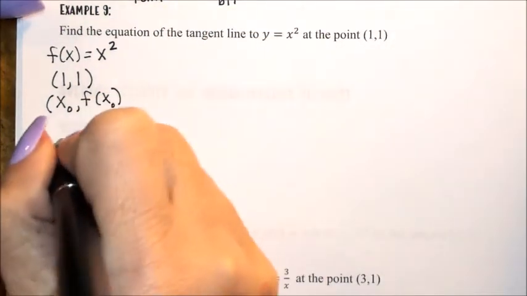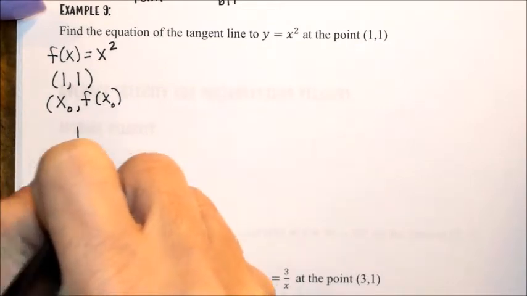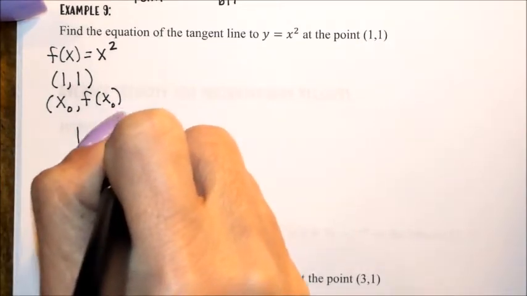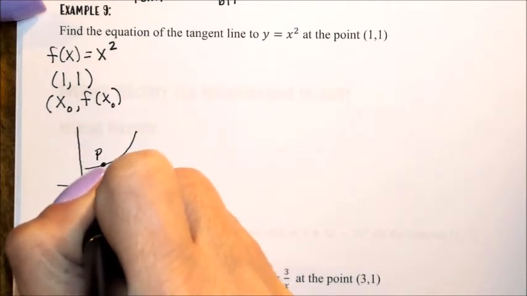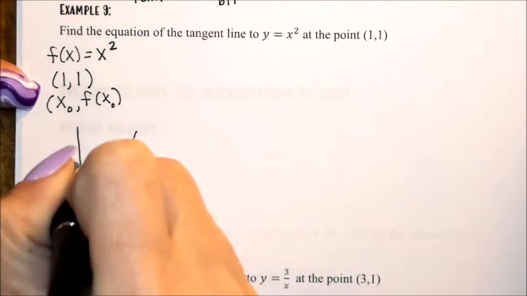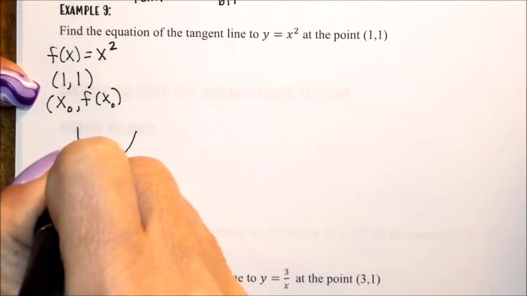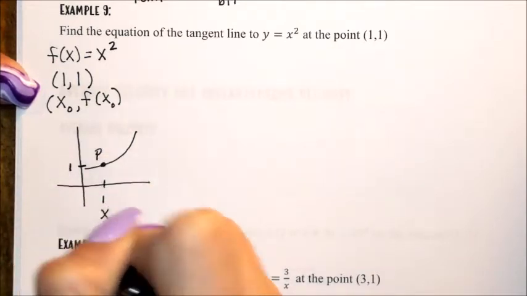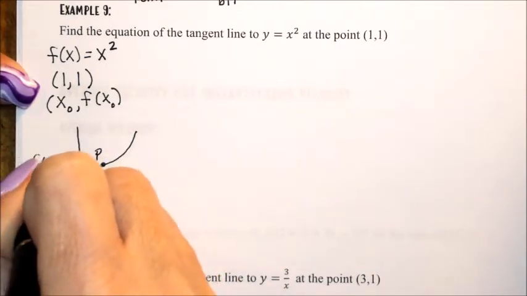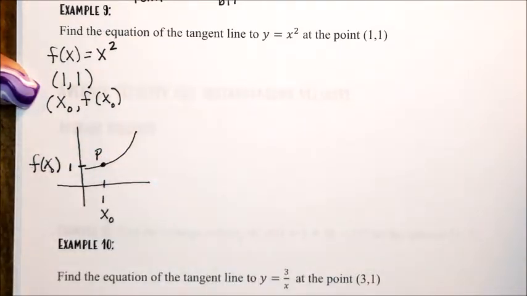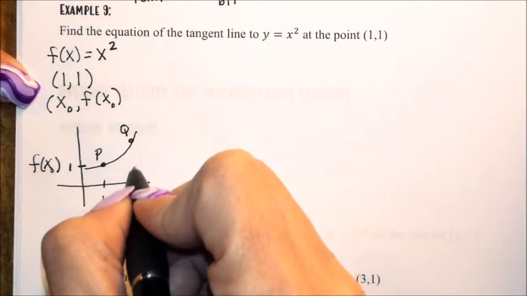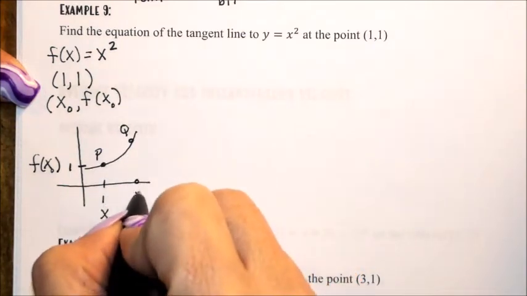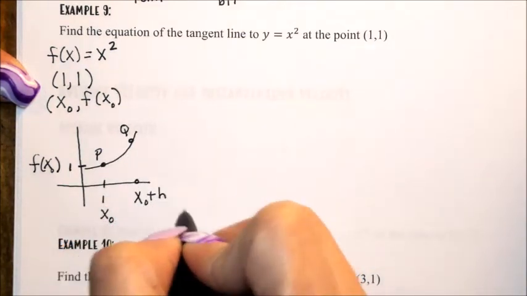If you were to graph it, this point right here, P, would be (1, 1), or just like we labeled up there, x naught and f of x naught. Then we're going to have another point up here, Q, and Q is going to be x naught plus just a little bit.